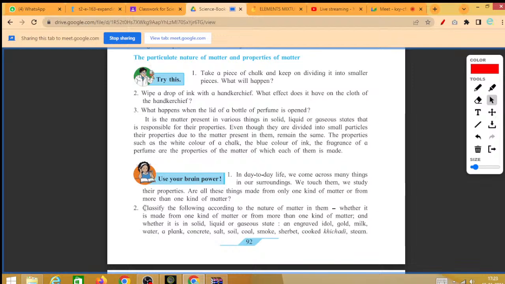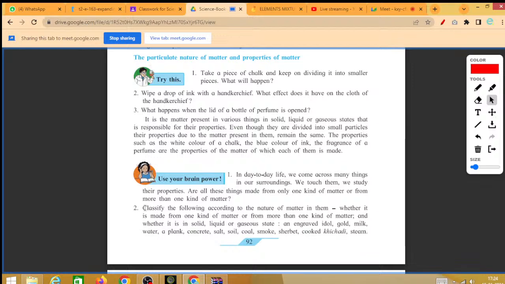How? Miss, because it is made from mud, and ma'am, no miss, it is made from soil, and soil has many particles. Not necessarily mud. It could be made from silver. So it could be made from different kinds of matter, and it is solid.